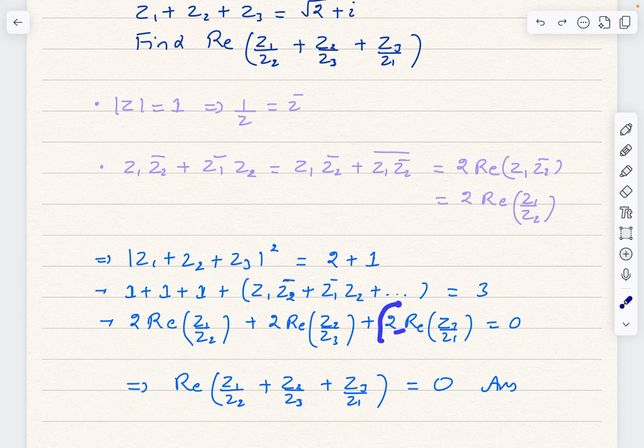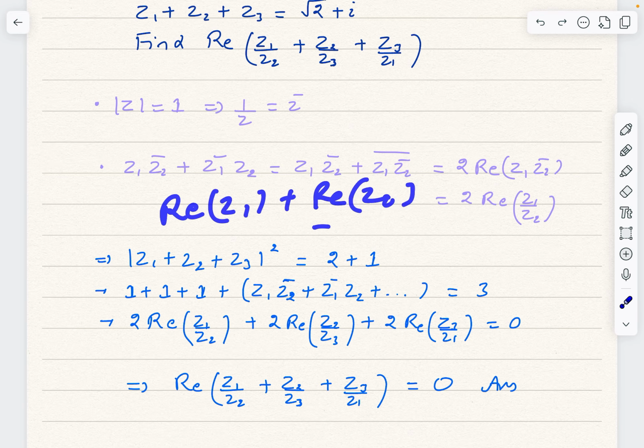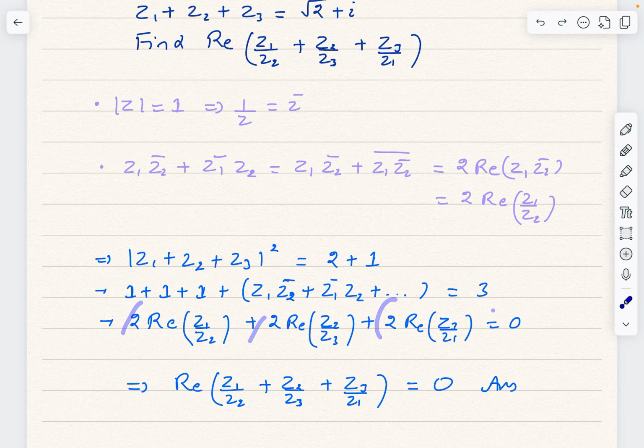Next we can write 2 times real of z3 by z1, equal to 0. And if you have real of z1 plus real of z2, you can write this as real of z1 plus z2. Same thing will be there. So the 2 also just vanishes here, divide by 2 both sides, you get real of z1 by z2 plus z2 by z3 plus z3 by z1 will be equal to 0. This is the final answer here.